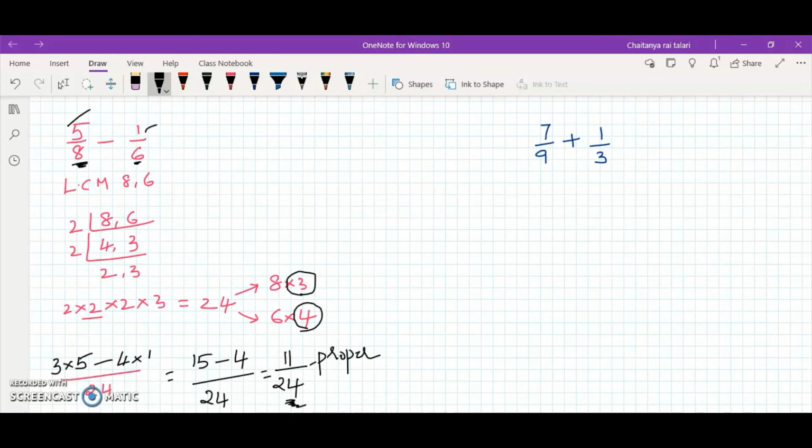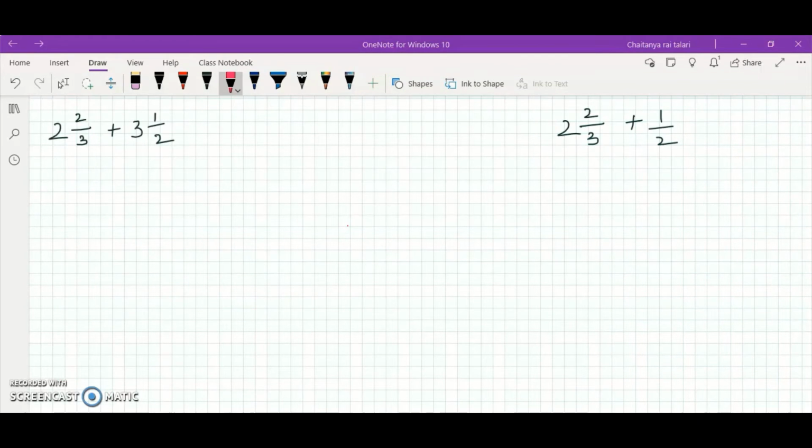Now the problem is 2 and 2 by 3 plus 3 and 1 by 2. So I will multiply these two, that is 2 times 3 plus 2 divided by 3, and here we have plus 3 times 2 plus 1 by 2.